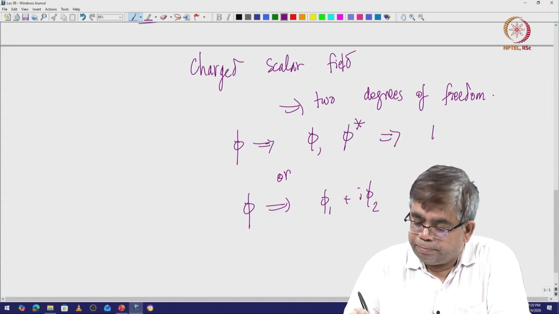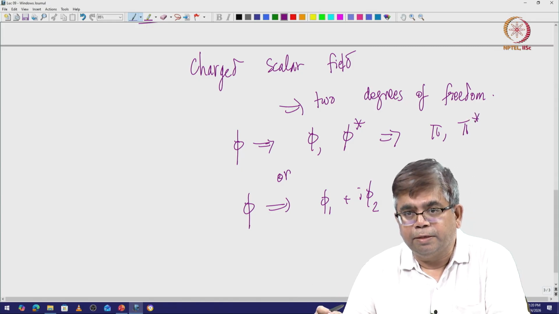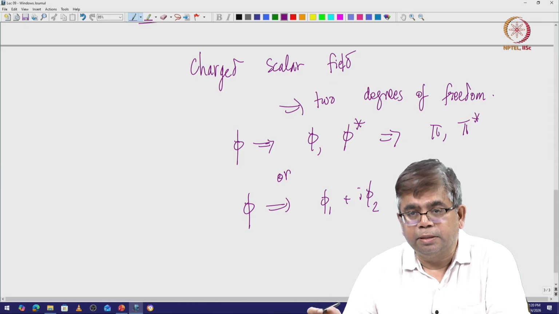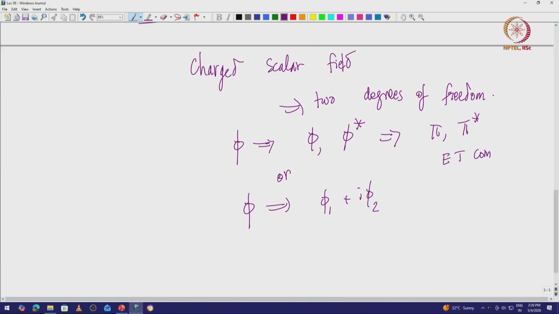Then we expressed pi and pi star, the relative conjugate momenta, there are 2 of them again, and then imposed equal time commutation relations. So this will again give you the particle picture, and then you build the entire field, meaning particles and everything. And of course this will also have the same subtleties as a single scalar field.